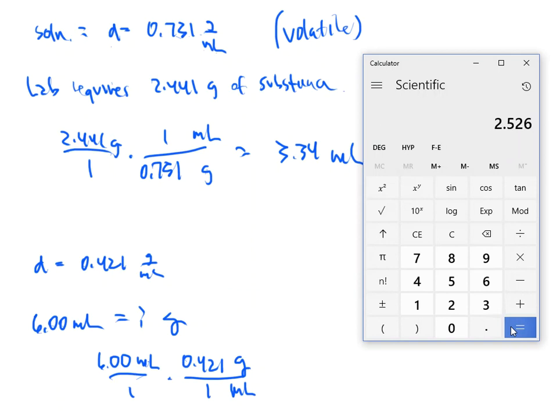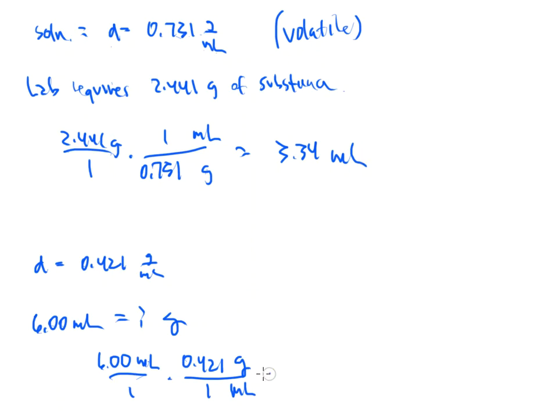And I'm going to get 2.526 grams. So 2.53 or 26, however you want to do it, significant figures, whatever, I don't care, 2.53 grams of substance. So if I've measured out 6 mils, I've got 2.53 grams of the stuff that I'm working with that I can then use and convert that number into something else if I need to, right?